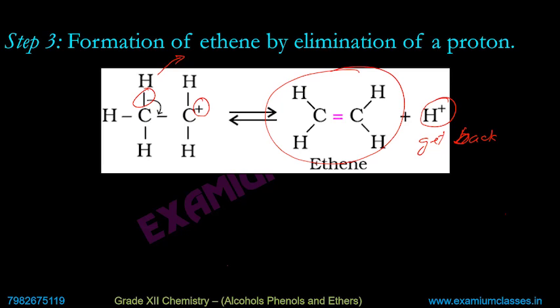So first we got this proton from acid, and after the reaction is completed, it is used and provided back to us. This step is also known as deprotonation. Formation of ethene by elimination of proton is actually deprotonation. Proton is removed. The steps are protonation, formation of carbocation, deprotonation. Simple.